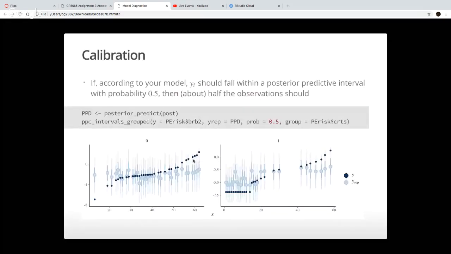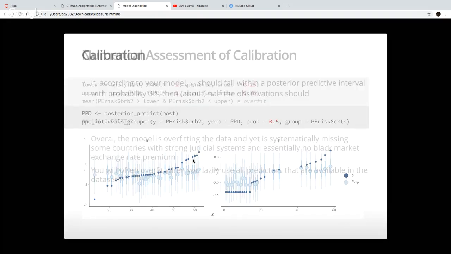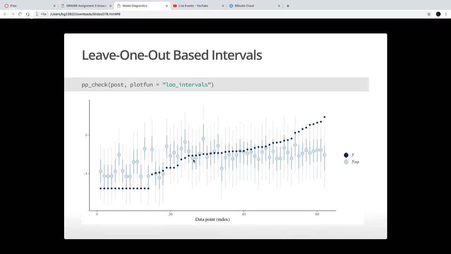So, like we said, there's a little bit of a problem with posterior predictive intervals being from a posterior distribution that conditions on those same data. So one thing you can do is obtain leave-one-out predictions. So what if we left off the 20th observation, reweighted the posterior distribution, predicted the 20th observation, and compared it to the actual value of the 20th observation?